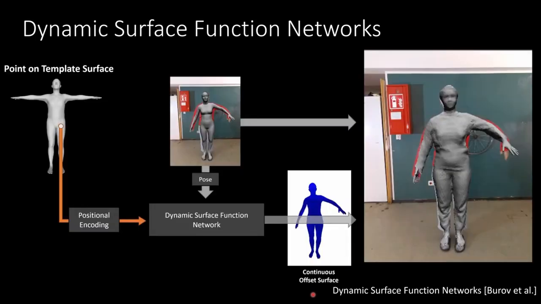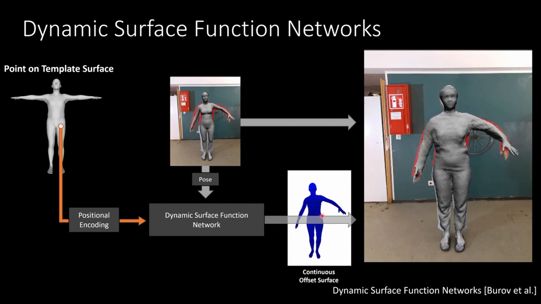So to model the dynamic surfaces, which change over time, you get all the wrinkles and changing details. For that, we also use a neural network. So this neural network is similar to the MLP used in NeRF, and we use positional encoding to encode a position on the simple surface, which is then fed into this MLP, which is conditioned on the pose, and this gives us this continuous offset surface, which can be applied to the simple model.